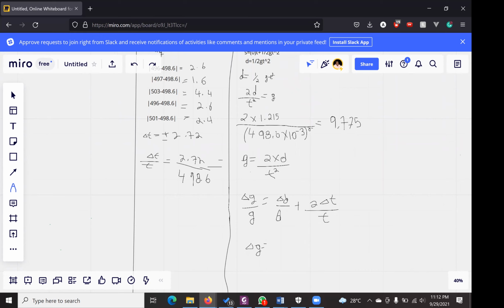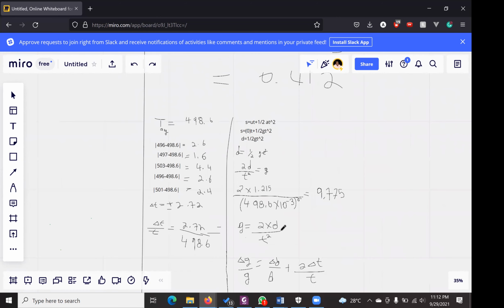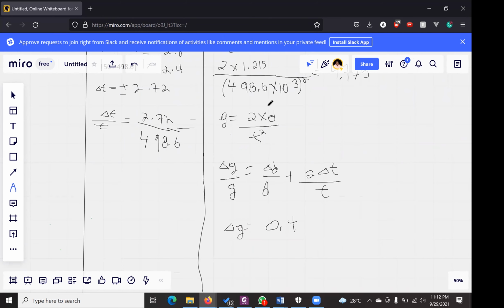Try it again. I think delta D was 0.4 something. I remember some people were getting different numbers. See it up here, 0.412. Remember, it is the error over the actual value.